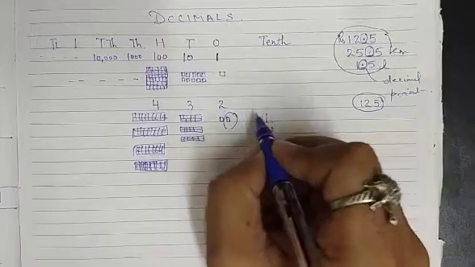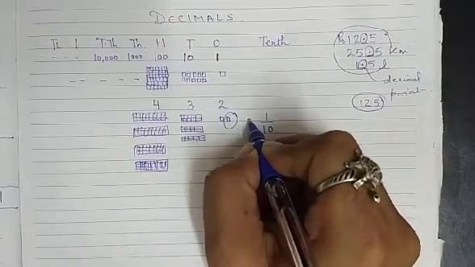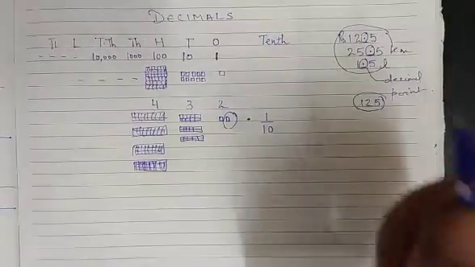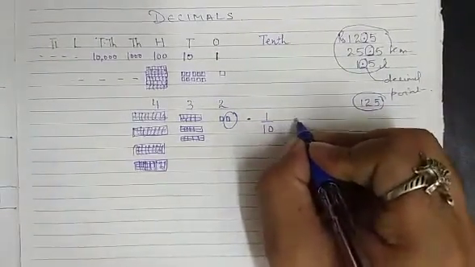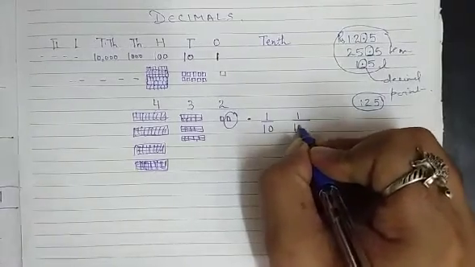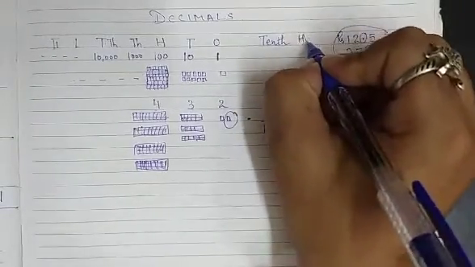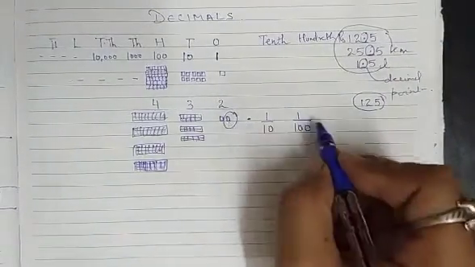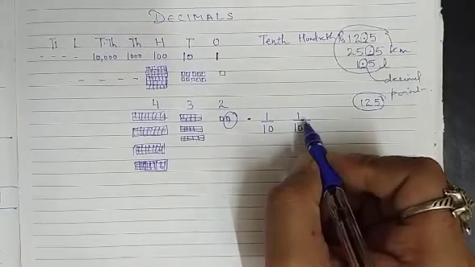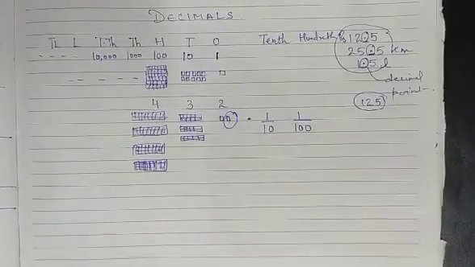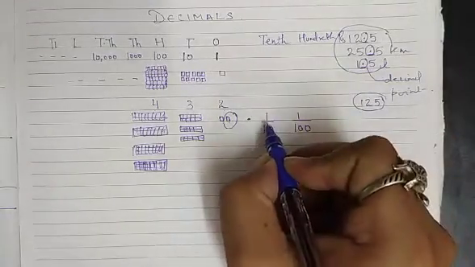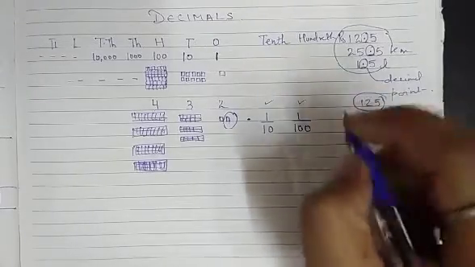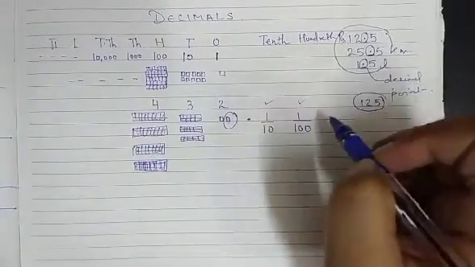And from here only our decimal starts, और यहीं से हमारा डेसिमल शुरू हो जाता है, राइट? After this we will move to hundredth, means a single piece has been broken into 100. Clear? So this is the place value for tenth, this is the place value for hundredth.